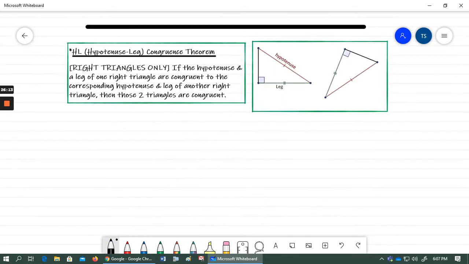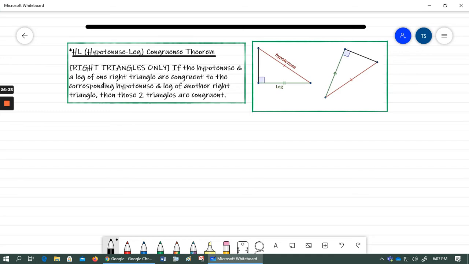All right, moving on. So folks, this last congruence theorem that we use for proving triangles congruent is the HL congruence theorem, and this one stands for hypotenuse leg.